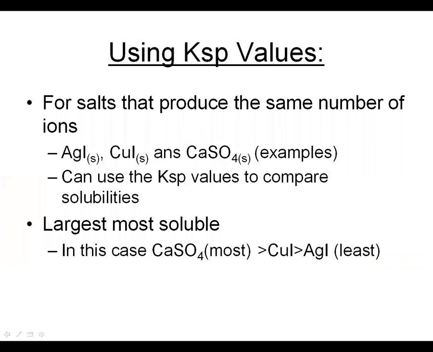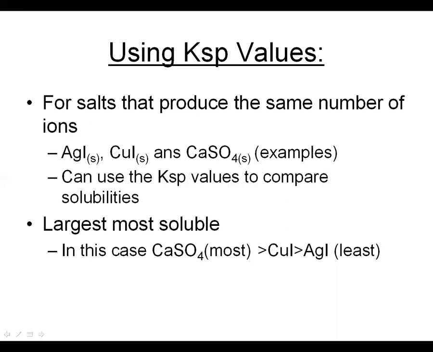Now, we can use Ksp values in certain situations to help us decide which salt, for example, which ionic compound would be more soluble and which one would be less soluble. In certain situations, we can actually use the Ksp value directly to make that judgment.